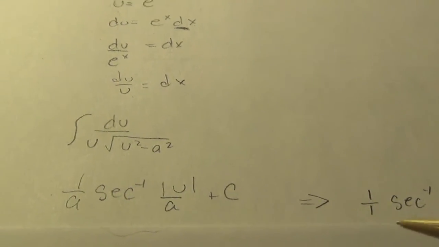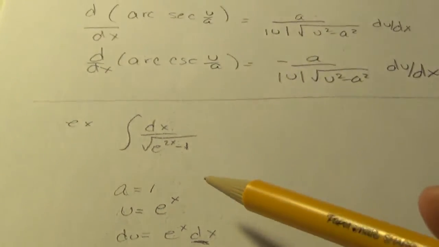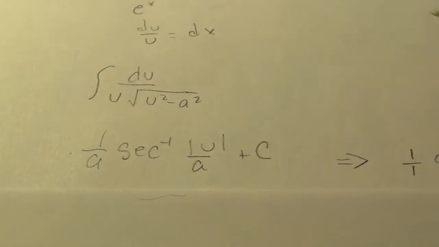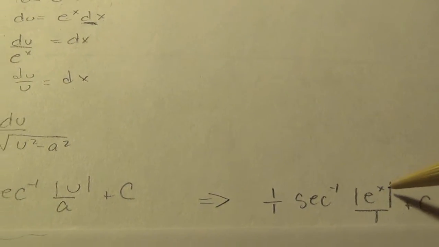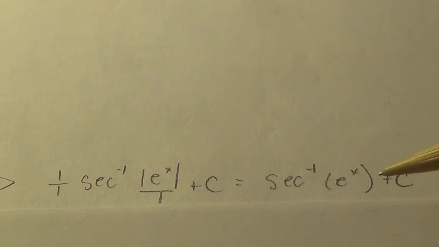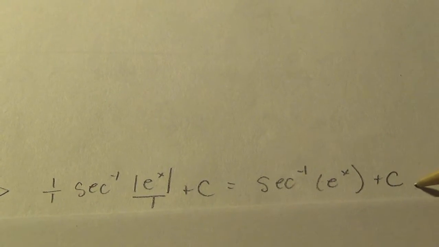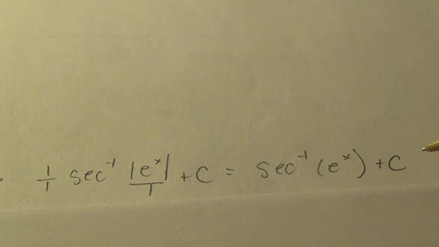My a up here was identified as 1. So 1 over a is still 1. Secant inverse u was e to the x over 1 plus c. So I can drop all those 1's, and that is my answer. So this was an inverse secant problem. Alright, let's try one more.